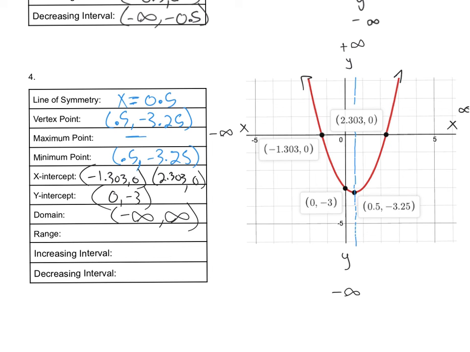The range here is going to start at the y value of your vertex, which in this case is negative 3.25, and extend upwards to positive infinity.